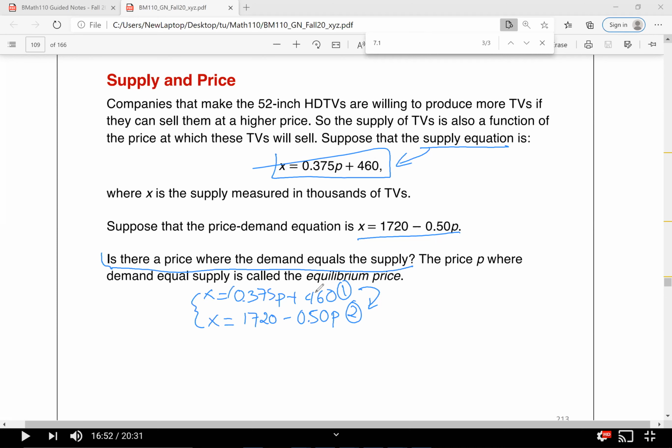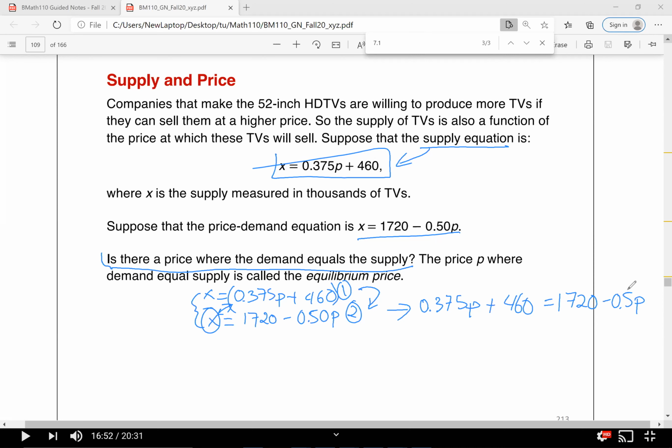This x becomes this expression, so I will have 0.375p plus 460 equal to 1720 minus 0.5p.